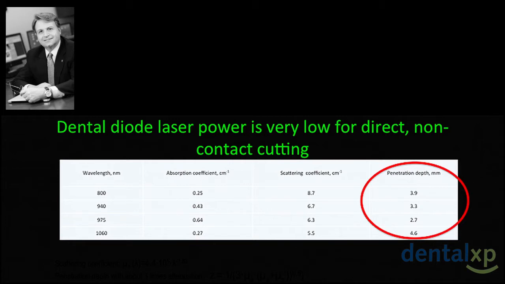The penetration depth when you cut tissues is different for the different wavelengths, from 810 to 1064, which is the Nd:YAG laser, which shows, folks, and I say that so clearly, 4.6 millimeter penetration depth if you use the Nd:YAG.